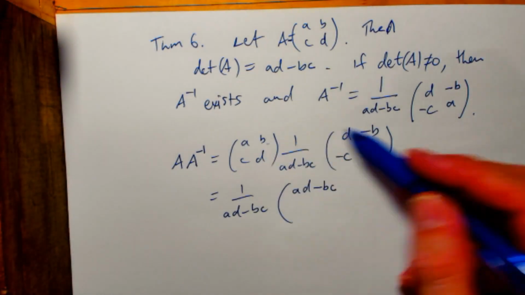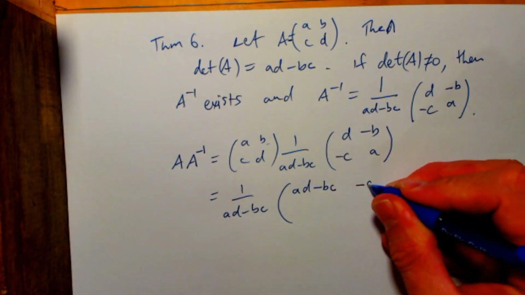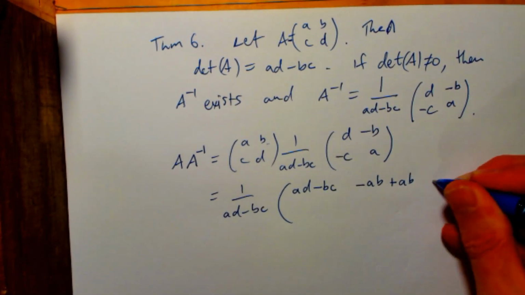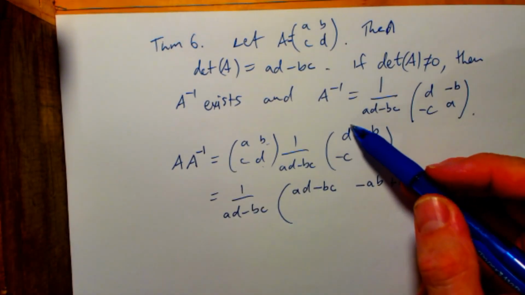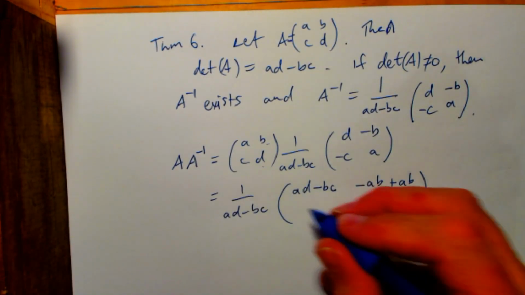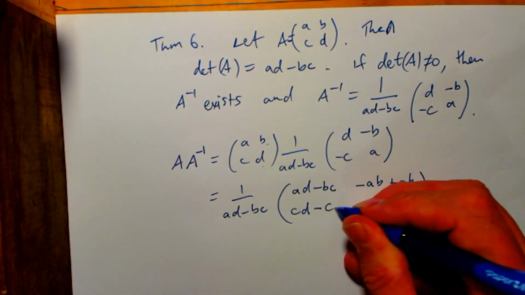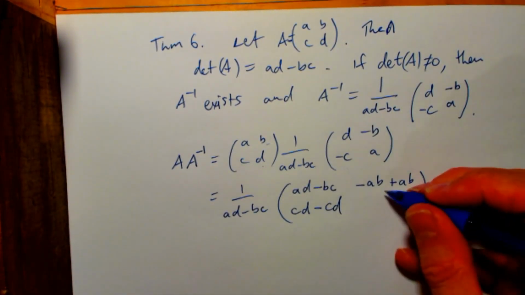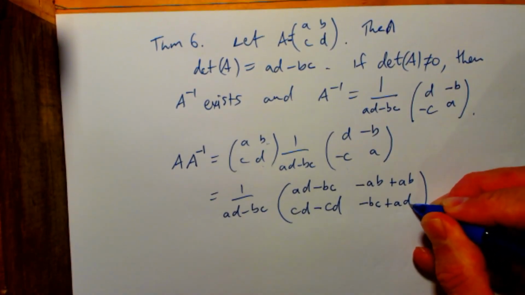Next, this row times this column gives us minus AB plus BA, which is 0. And next, this row times this column, we have CD, and then minus CD. And then we have this times this, so that's minus BC plus AD.